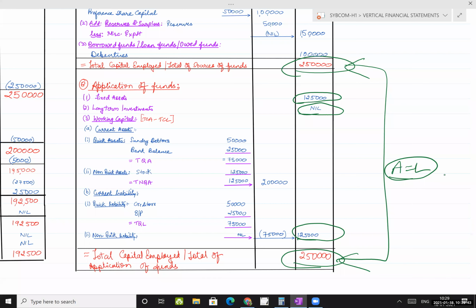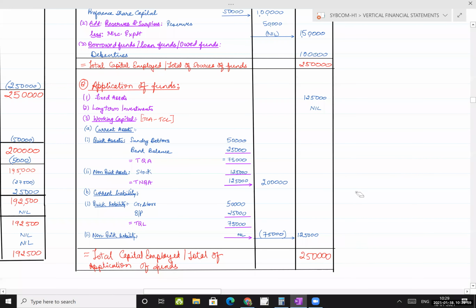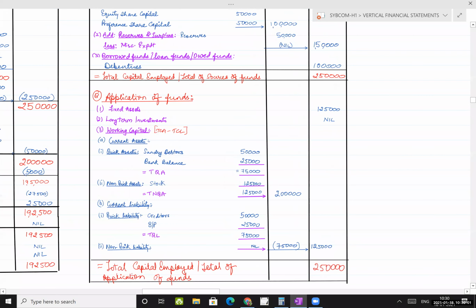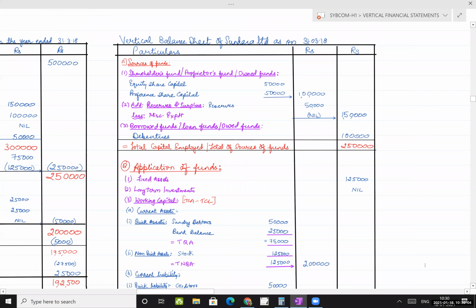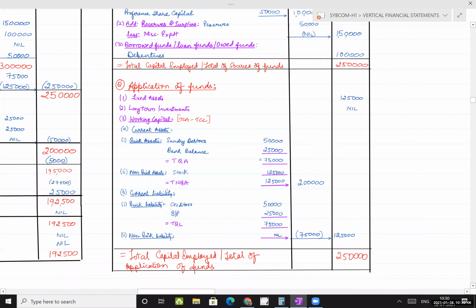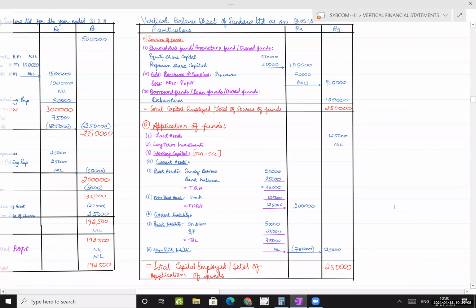Did everyone understand? Is it easy? Asset clear, liability clear. Yeah, noted down. Vertical balance sheet, everyone. Acknowledged in the chat box. Balance sheet is done.